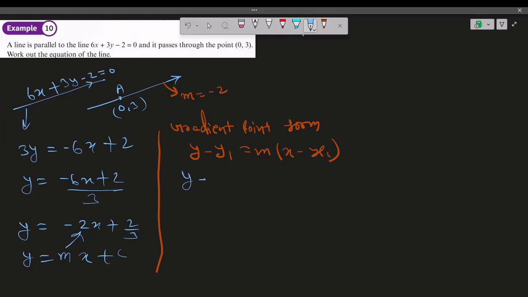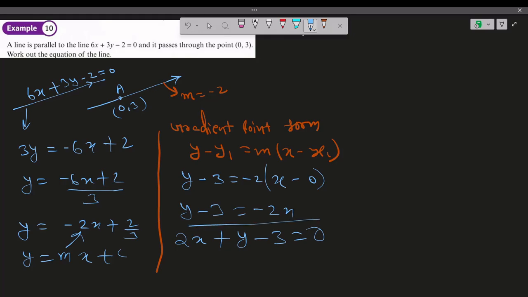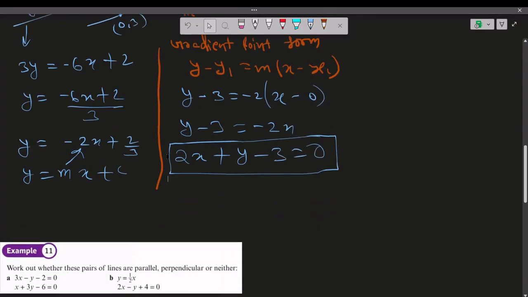So it is y minus 3 equals, in place of m I will substitute minus 2, into x minus 0. So this is y minus 3 equals minus 2x, since anything multiplied by 0 is 0. Let us bring it to the left side. So this is 2x plus y minus 3 equals 0. That's it. This is the equation of the required line. In this question, what property did we use? We just used the idea that if two lines are parallel, their gradients will be the same.